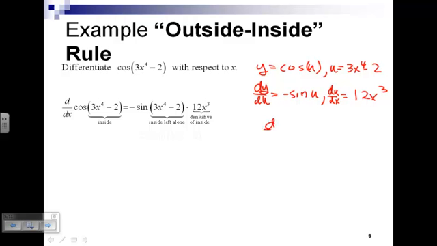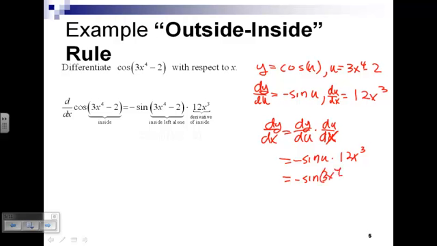And what is dy/dx? It's dy/du times du/dx, and I want the du's to cancel. We end up getting negative sine u times 12x cubed. And what's u? 3x to the 4th minus 2. So negative sine of 3x to the 4th minus 2, times 12x cubed.